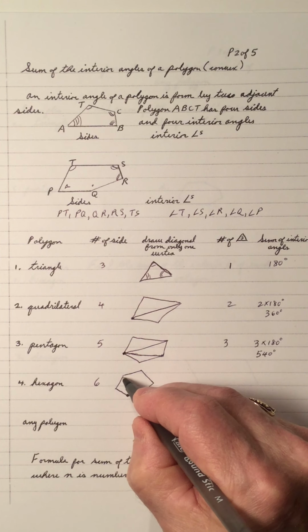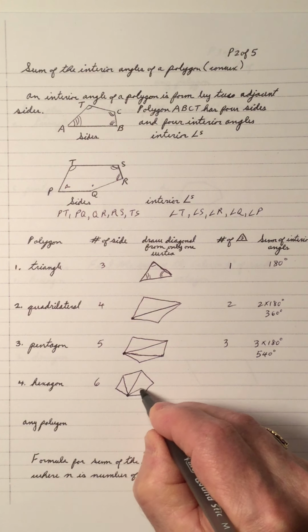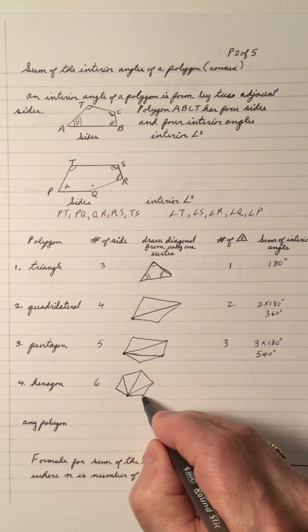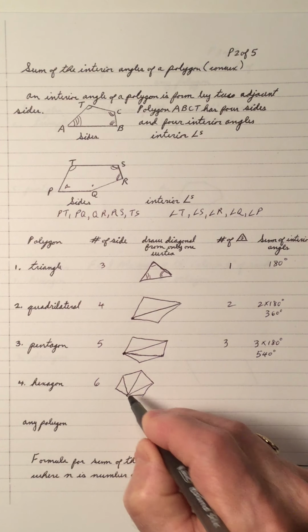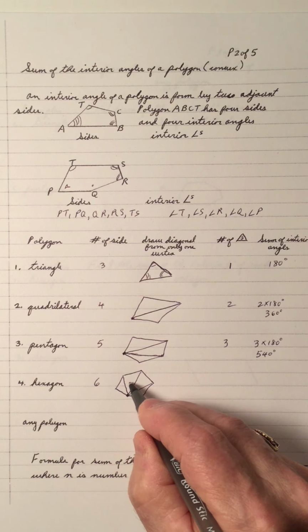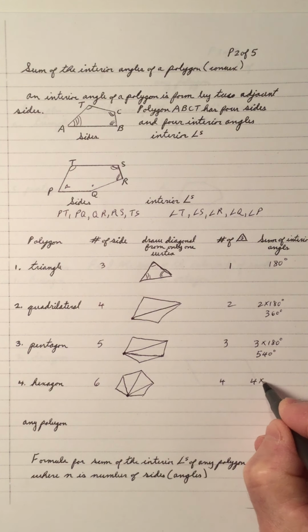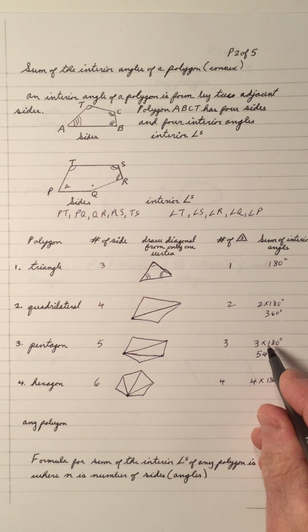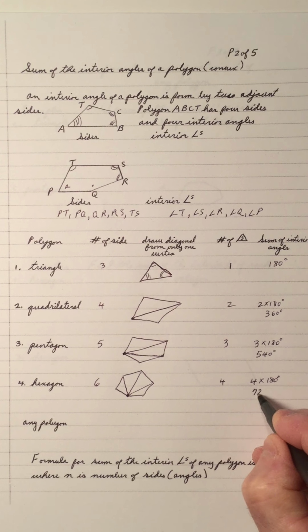And I draw that diagonal, and that diagonal, and that diagonal. So notice that's a side. I can't draw that one or that one. So there's 3 diagonals from this same vertex. So there's 4 triangles. So the sum of the interior angles is 4 times 180, which is 720.